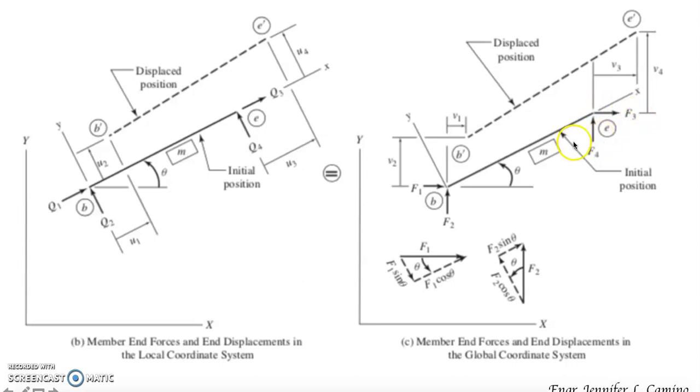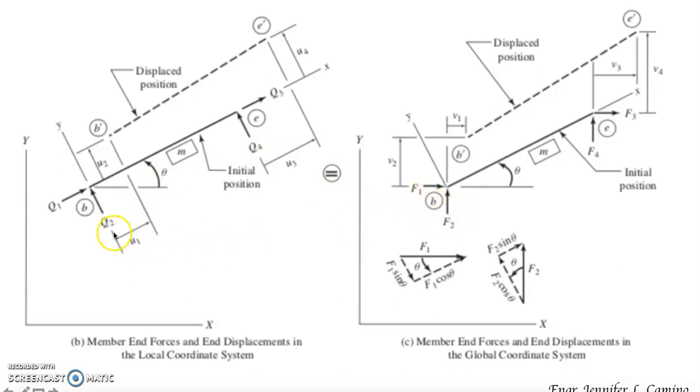So with this, if we compare figure B with figure C, we can observe that our local coordinate system components would be equal to the components of the global coordinate system.